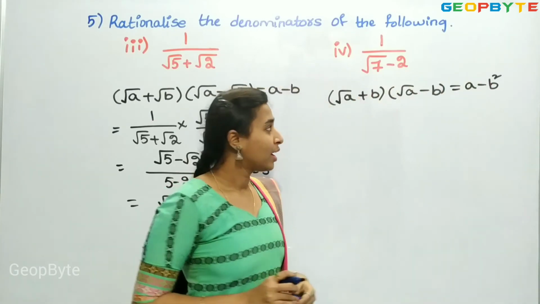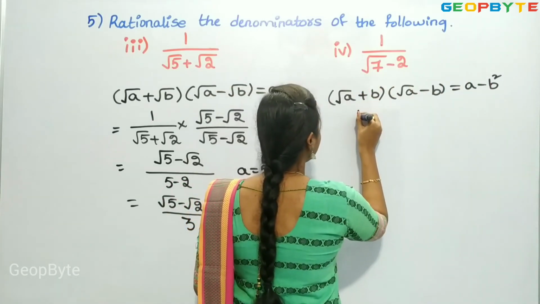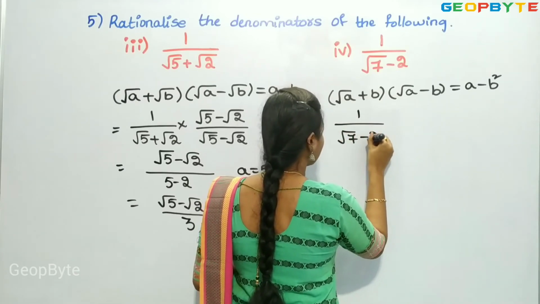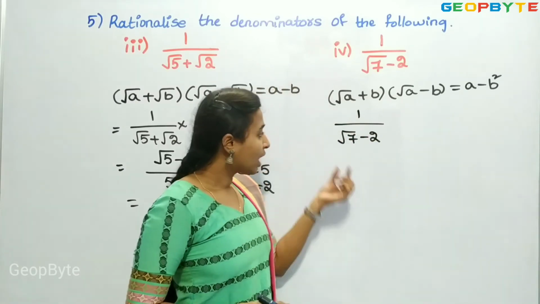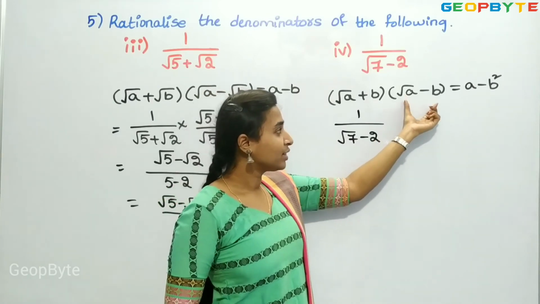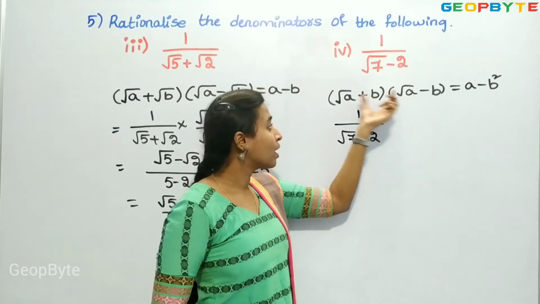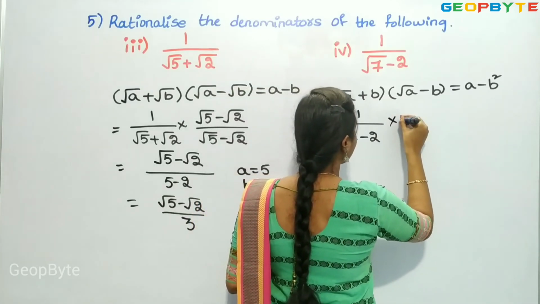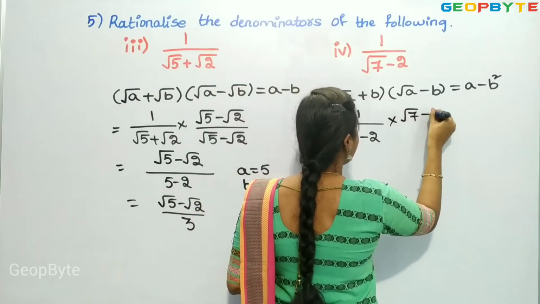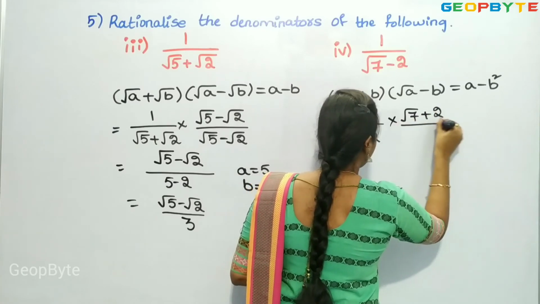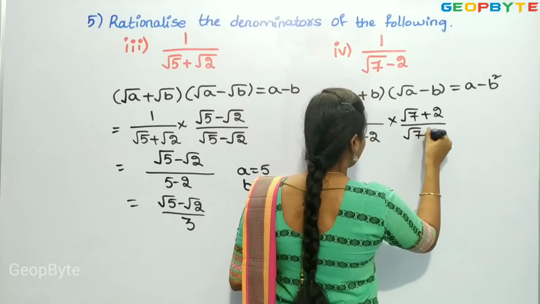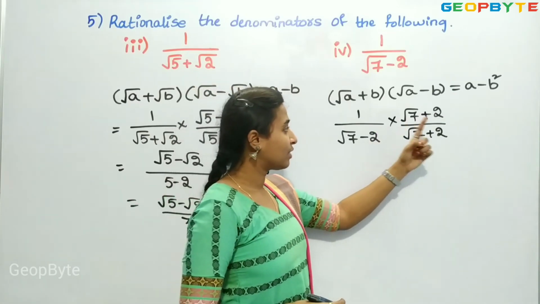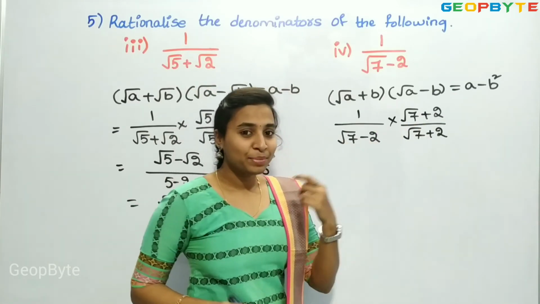so it remains B square. Now let us write it 1 by under root 7 minus 2. We have under root 7 minus 2, that is nothing but in this form. We need to get this one, so we need to multiply and divide root 7 plus 2 and root 7 plus 2.